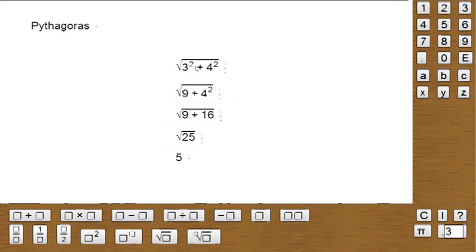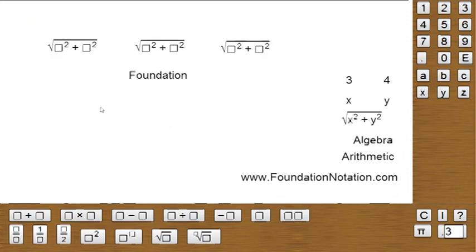Notice the way the squaring functions each fed their output as input to the addition function, and the addition function fed its output as input to the square root function. Here are 3 copies of the Pythagoras function. If the variables take in numbers, we have arithmetic.